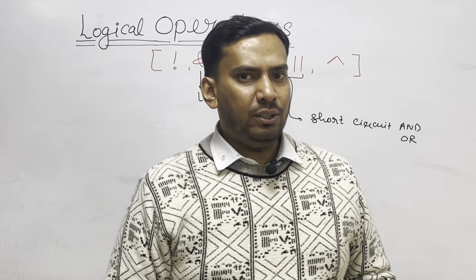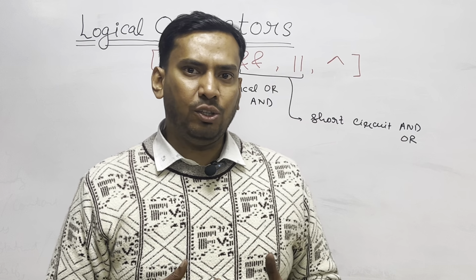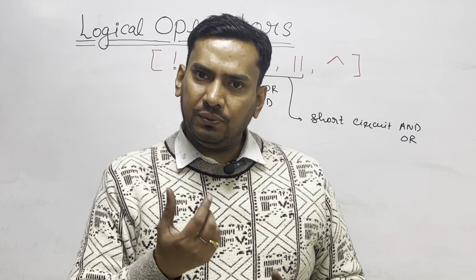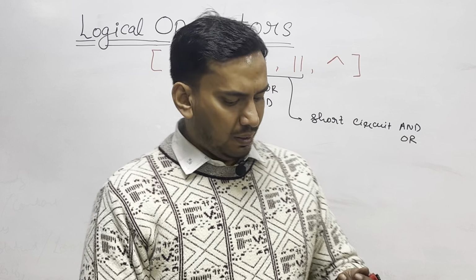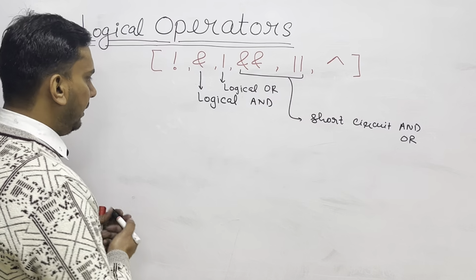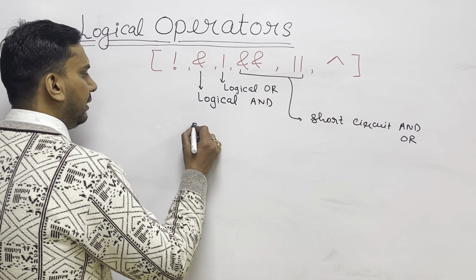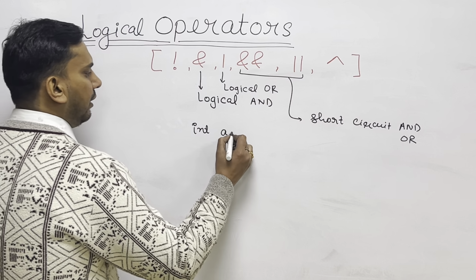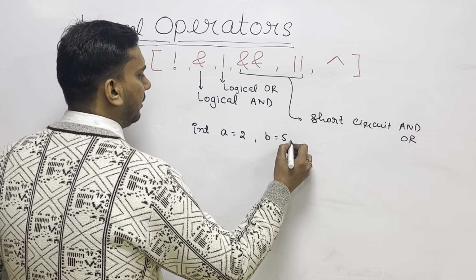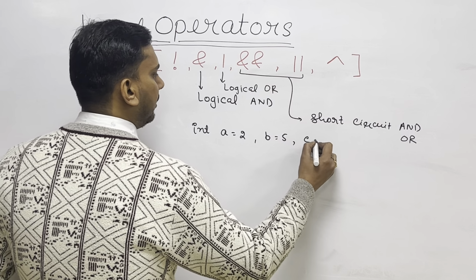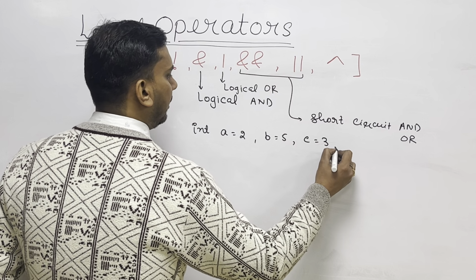Just think about the AND operator. In case of the AND operator, suppose your first expression is returning false. For example, I am taking a case here. Let us say I have written int a equal to 2, b equal to 5, c equal to 3.